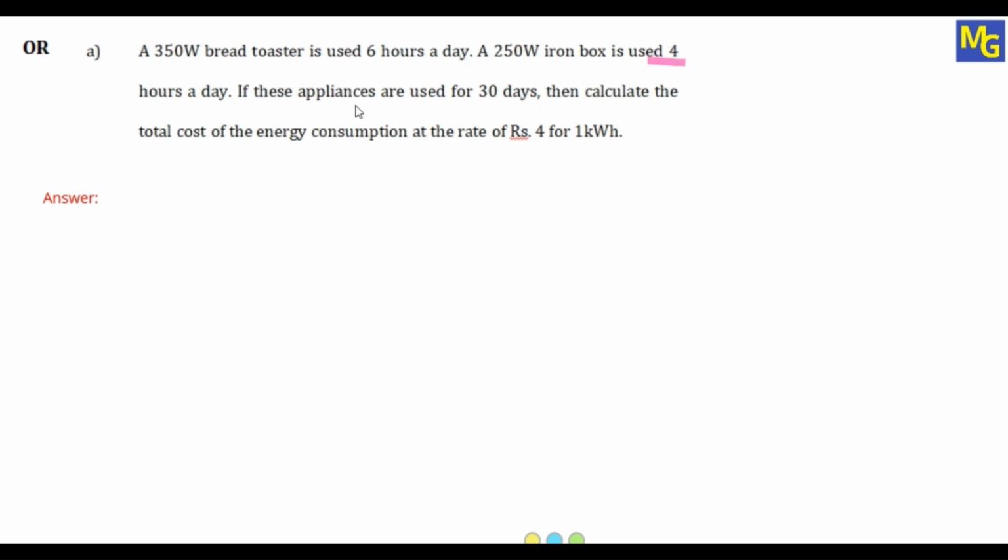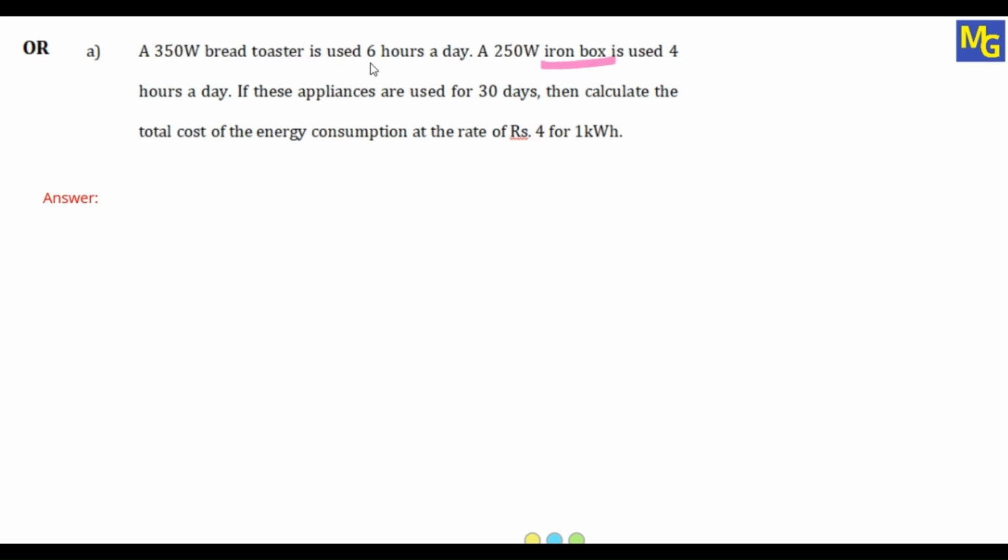If both the appliances are used together for 30 days, calculate the total cost of energy consumption at the rate of rupees 4 for 1 kilowatt hour. So what you have to do here, first you have to find out the energy consumption for toaster, then the energy consumption for iron box, and sum these both.